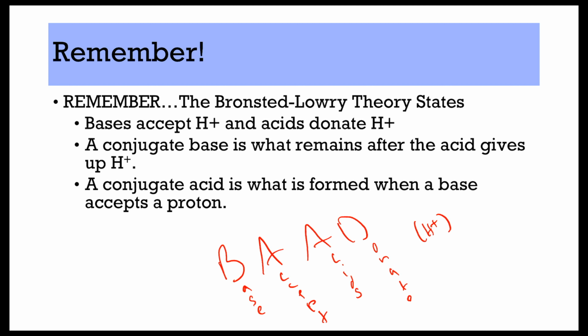A conjugate base is what remains when the acid gives up that H plus, and a conjugate acid is what is formed when a base accepts that proton. Remember, a proton is the same thing as H plus. Yesterday we worked out how that was the same, and you'll see that again in a day or so.